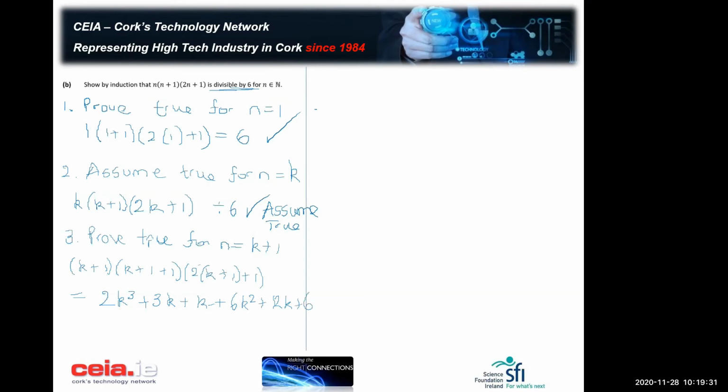Now, if you've noticed, I haven't added up all the k squareds yet. That's 3k squared. But if you look at this part here, it's 2k cubed plus 3k squared plus 6.